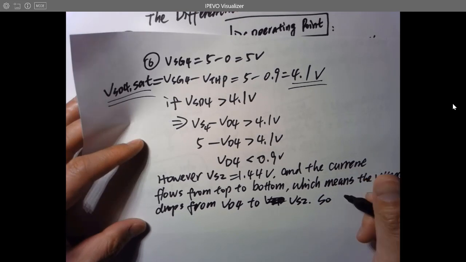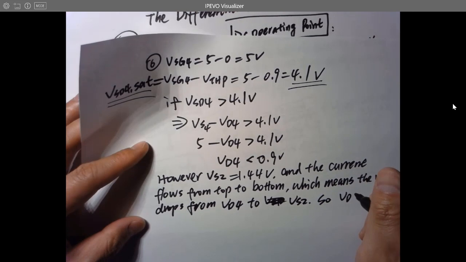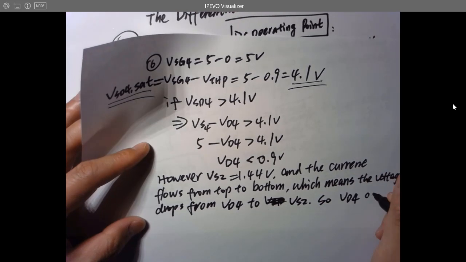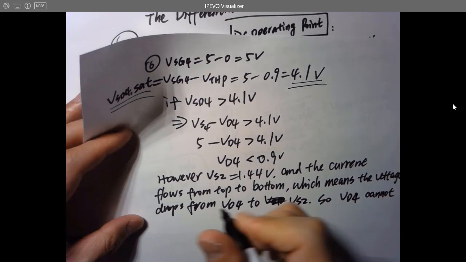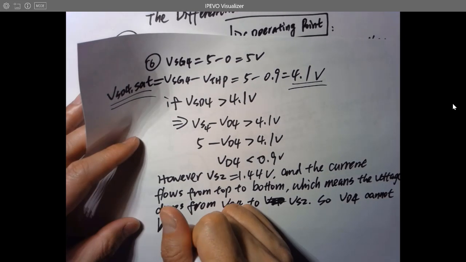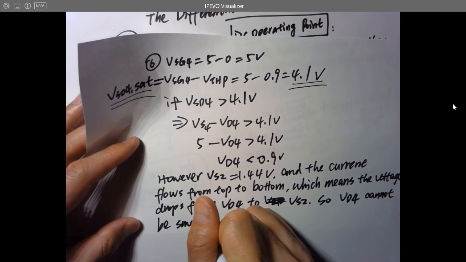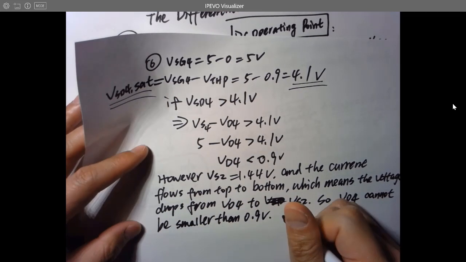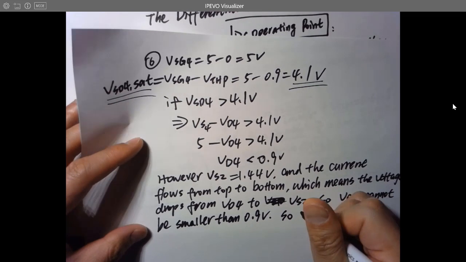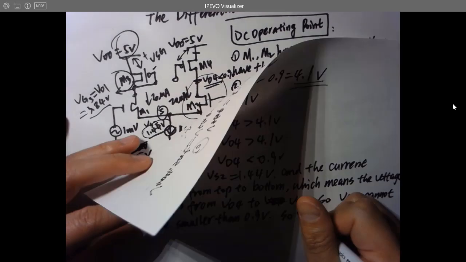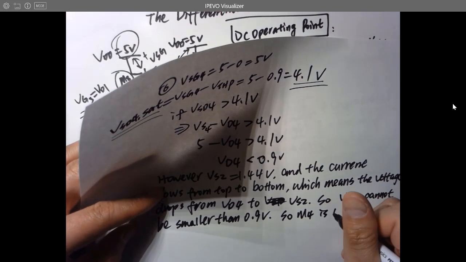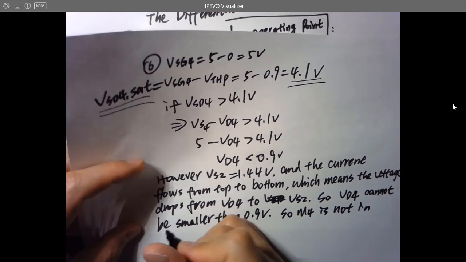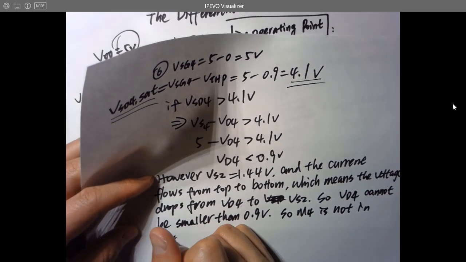So VD4 cannot be smaller than 0.9 volts. So M4 is not in saturation.